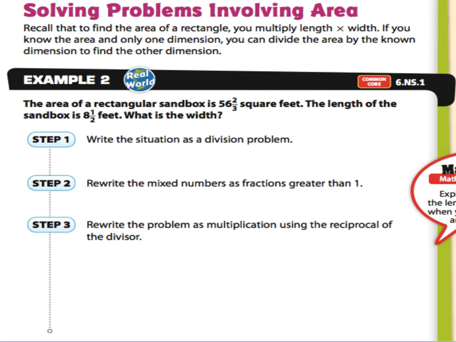Okay, so now we're going to look at a problem that involves area, and with area you have to remember that length times width equals area. All right, so the area is 56 2/3 square feet. The length of the sandbox is 8 1/2 feet. We want to know what is the width.